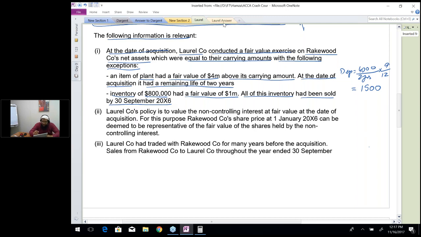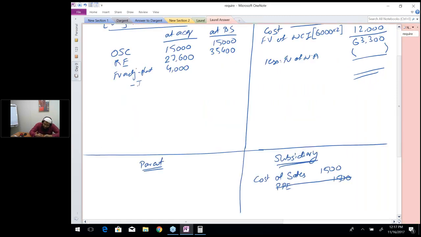So in the answer, I would say that this is a fair value adjustment on inventory by 200. And as the inventory has been sold by the year end, I'm going to write another entry: cost of sales debit by 200 and inventory credit by 200. This way the net impact on the balance sheet would become 0. Positive 200, negative 200, net impact is 0.